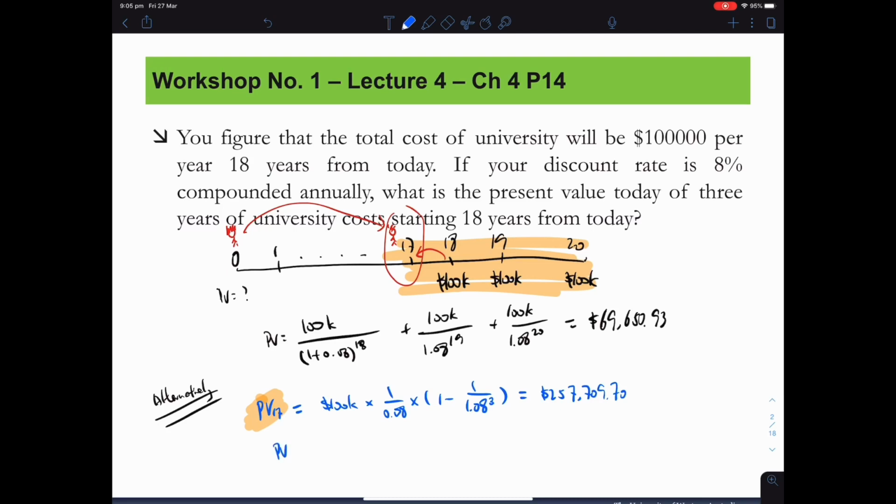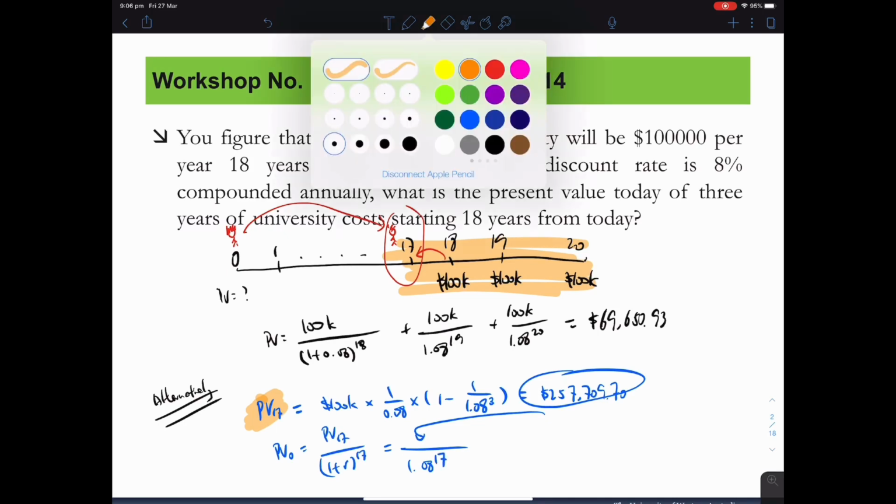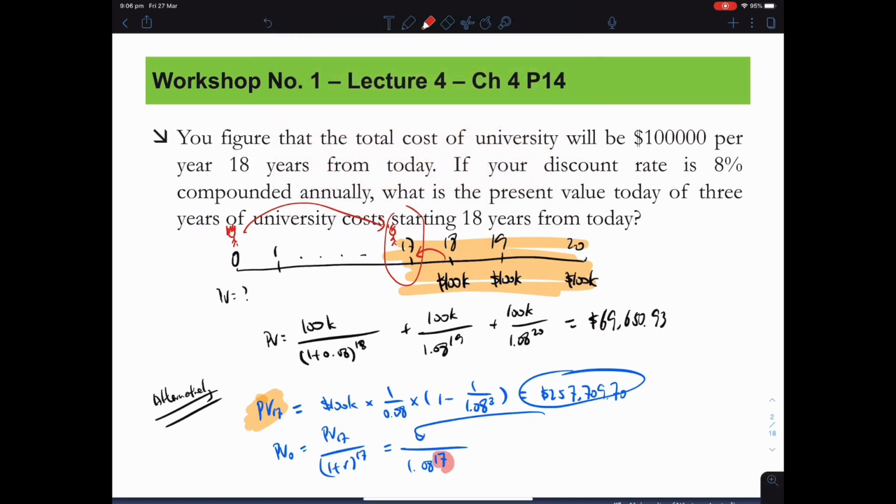So in order to go back to the present value at year 0, you discount that number to today, which is that number over here divided by 1.08 power to 17. And you have to be very careful about why that is 17, all right? Of course, you will end up with the same number over here.